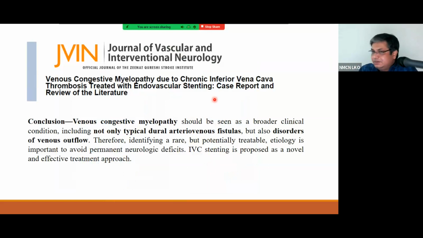In literature, there is only limited prospective data on BCS related congestive myelopathy, and that is only in the form of some case reports. This was a case of venous congestive myelopathy due to chronic IVC obstruction, successfully treated with endovascular stenting. They concluded that in cases of venous congestive myelopathy, apart from the common typical dural arteriovenous fistula, we should also consider differentials of venous outflow obstruction.